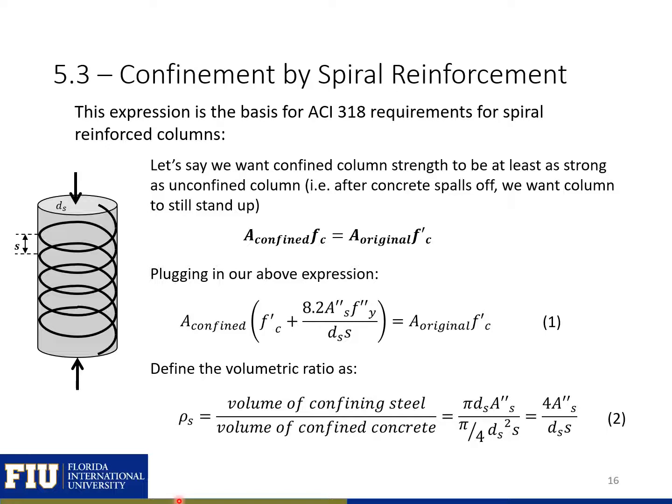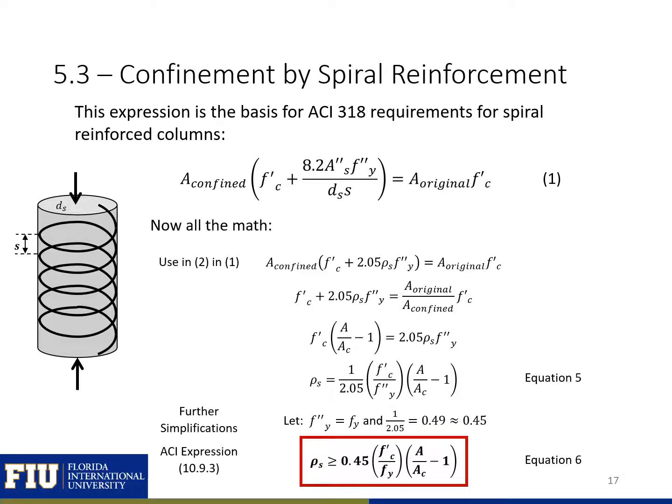And then we're going to define our volumetric ratio as the volume of our confining steel over the volume of our confined concrete. We can then further rearrange these expressions and make a further simplification as shown here to give us the ACI expression for the required volumetric reinforcement ratio for our spiral reinforcement in circular columns.